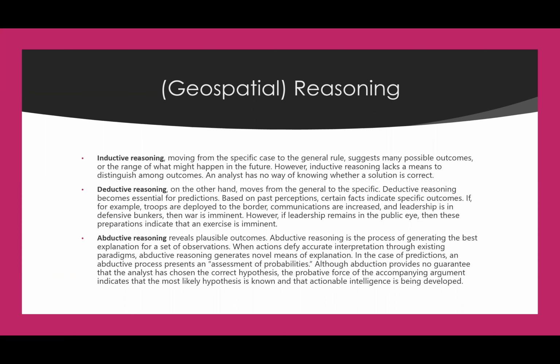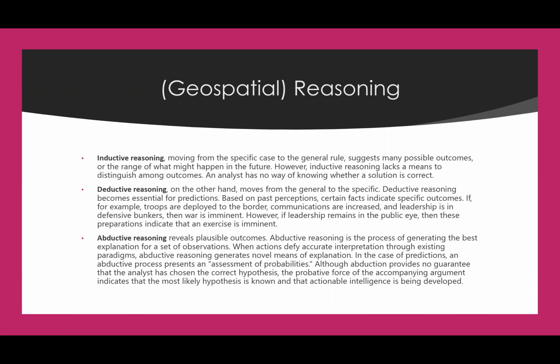You go from something that's kind of generic, like troops are deployed, to something specific as we're having a conflict, a very public conflict with another country or another group, for example, that you can make some assumptions about what is going to happen. Abductive reasoning reveals possible outcomes. So it's the process of generating the best explanation for a set of observations. When actions might defy accurate interpretation through existing paradigms, this type of reasoning generates novel means of explanation.